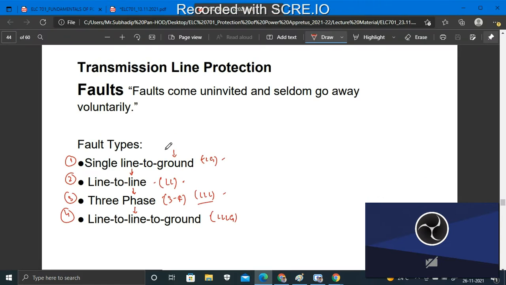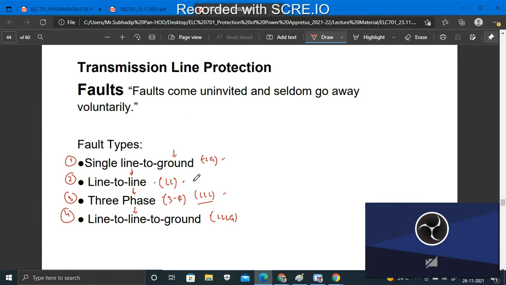Question number one. In the previous lecture, we discussed the different faults that appear in the transmission line due to some reason. The fault types are the single line to ground fault, line to line fault, three phase fault, and the triple line to ground fault.